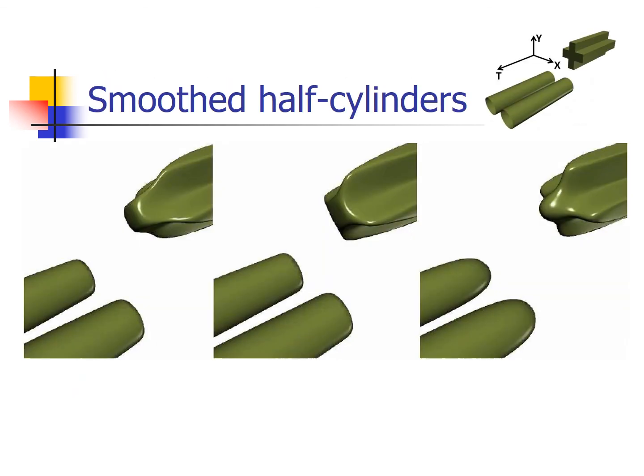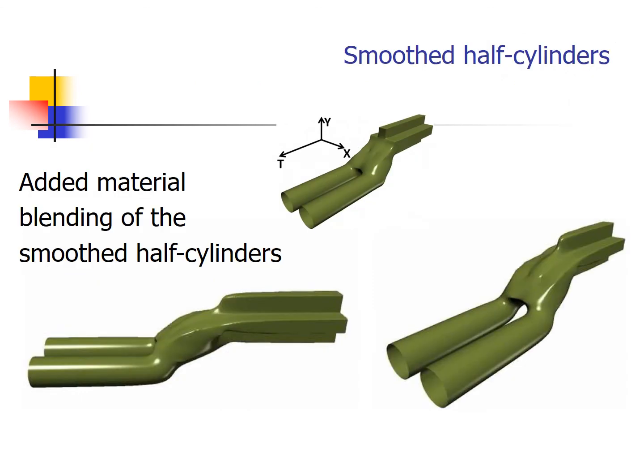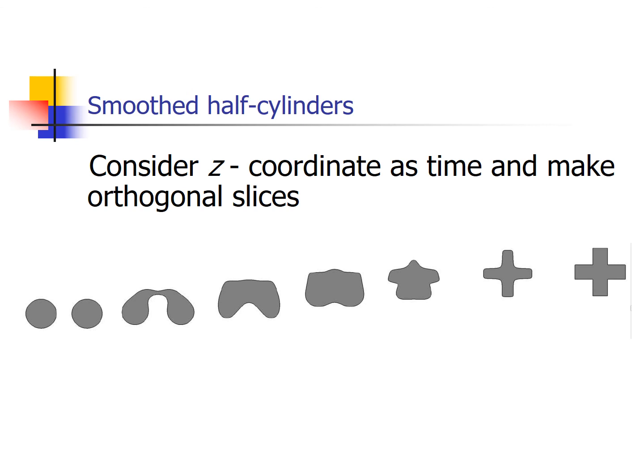In practice, sometimes the transformation of one shape into another is too sharp when half-cylinders are not smoothed. Therefore, to make the transition between shapes softer, the smooth half-cylinders can be applied. The application of smoothed half-cylinders gives a softer and smoother result. You can see the smoother result on orthogonal slices.